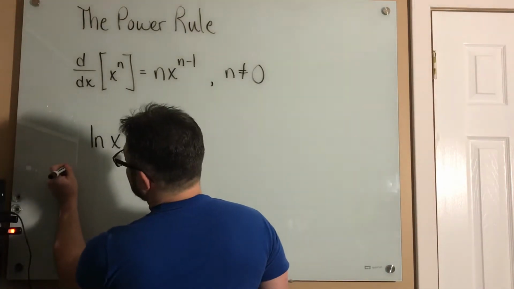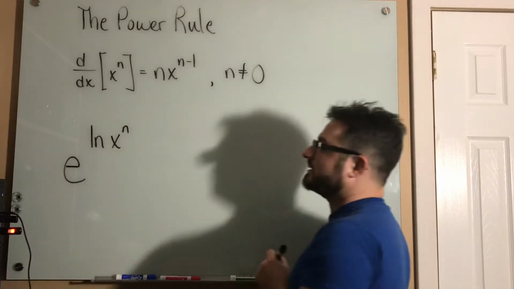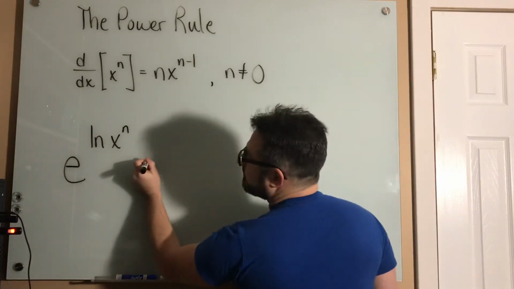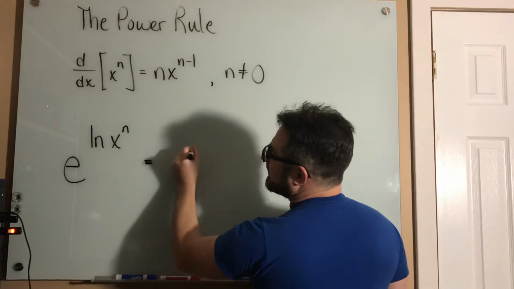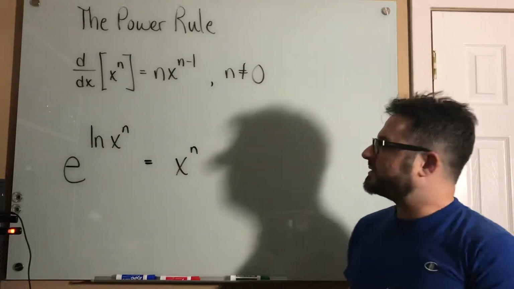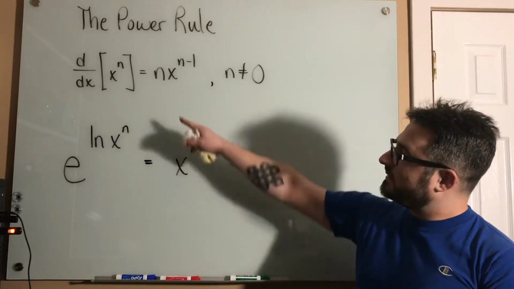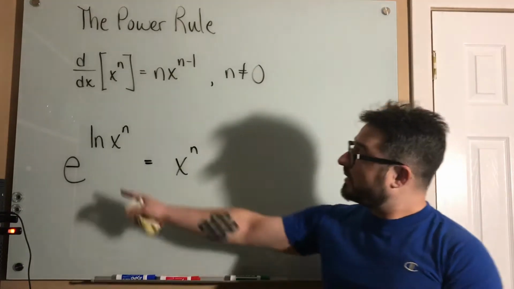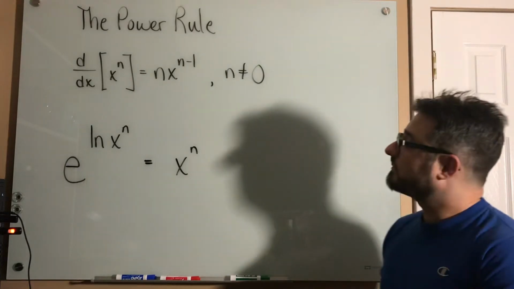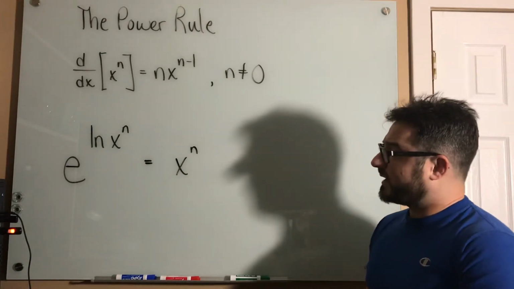And the inverse of a natural log is exponentiation base e. And this is going to be the trick to it, that we can replace x to the n in that derivative with this. So that's going to be the key for how we get through this.